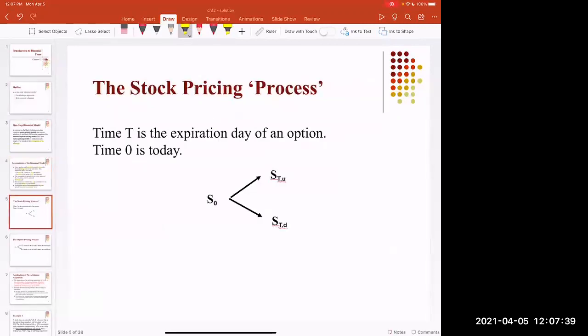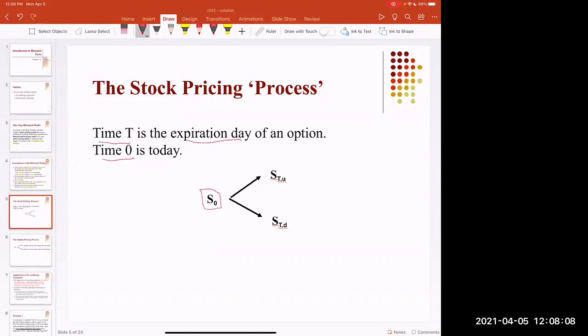Now, the stock pricing process. Like the assumption we talked about in the previous slides, there are only two prices on the next day. We have a day T and a day zero. Day T is in the future, the expiration day, and day zero is today. S0 means the stock price today.